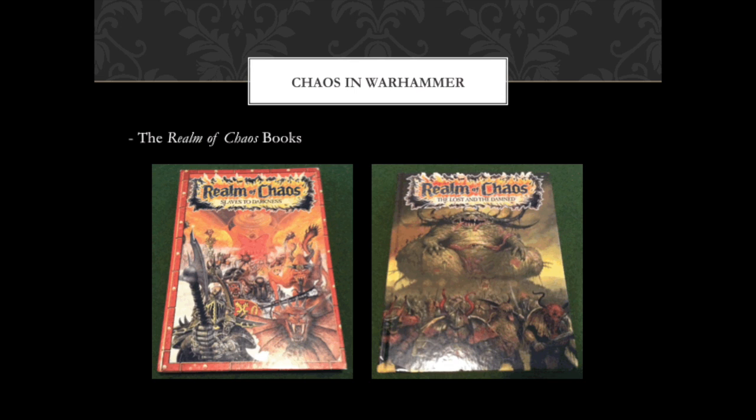So by the late 1980s, Games Workshop was developing its IP, and there's a clear divide there. When you read the Warhammer Fantasy Rulebook in 1987, this is really the book where fantasy lore starts to develop and become uniquely Warhammer.